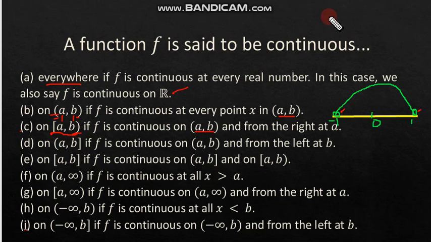Now, if we use a square bracket, it means that the value of a is included. If we use a parenthesis, we will start to evaluate at x greater than the value of a. So if we use a square bracket, we will start at negative 1.